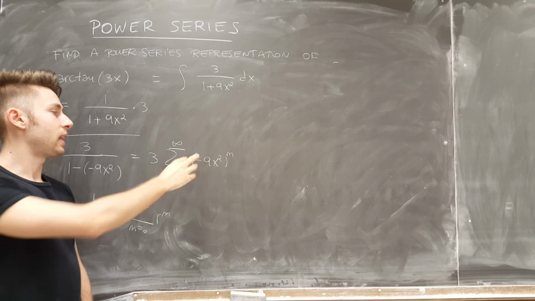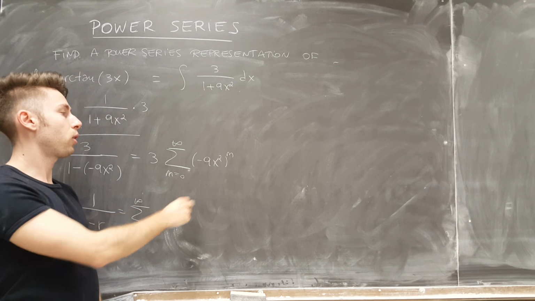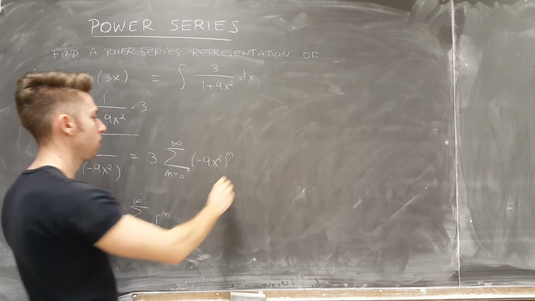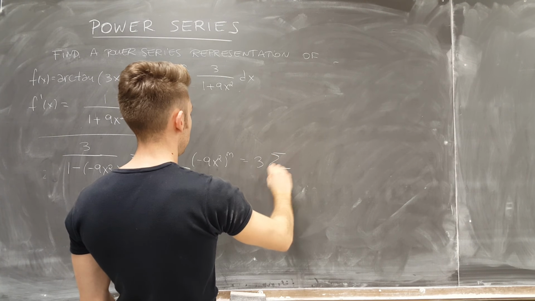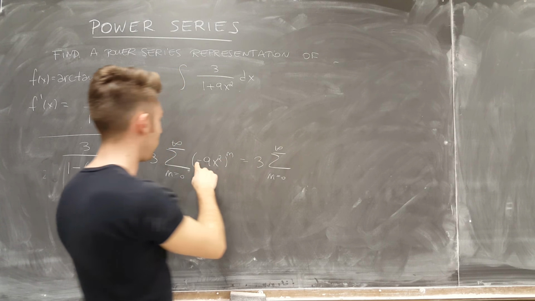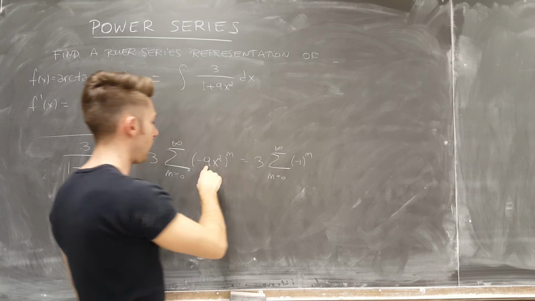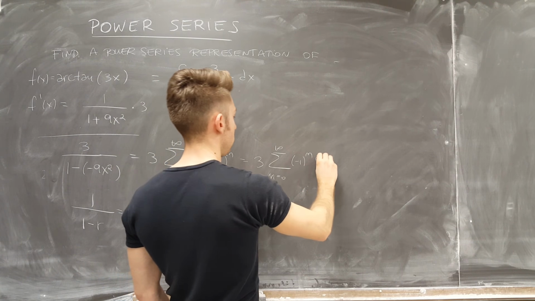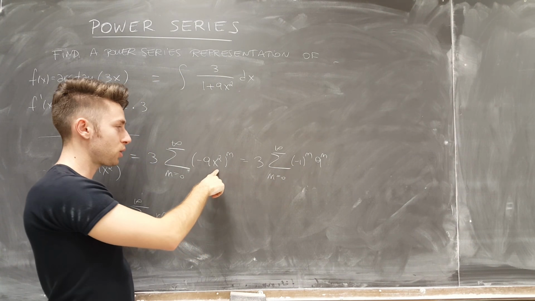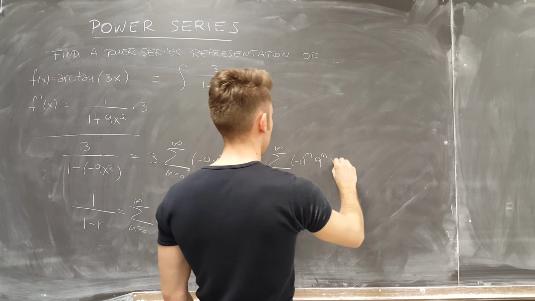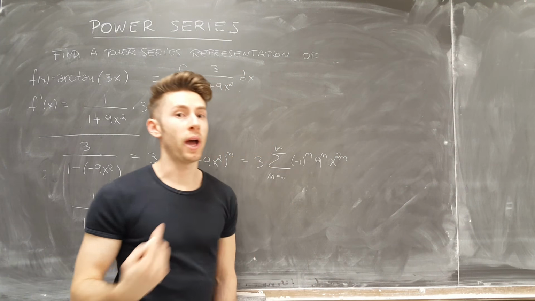That's what I get. Now let's write this in a better form, separating all of these terms. So I have negative 1 to the n, 9 to the n, and x squared to the n. Power of a power, I multiply the exponent, becomes x to the 2n.